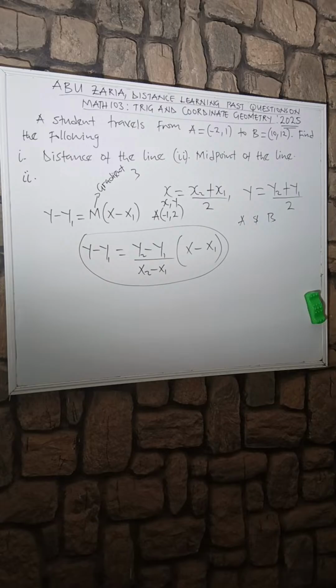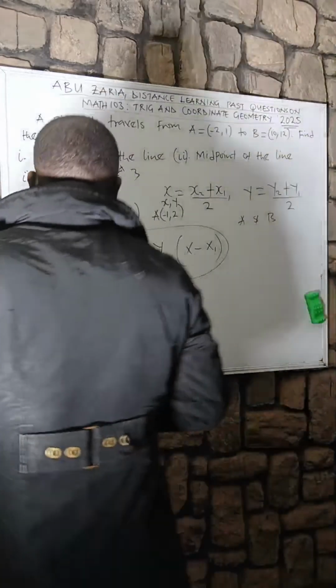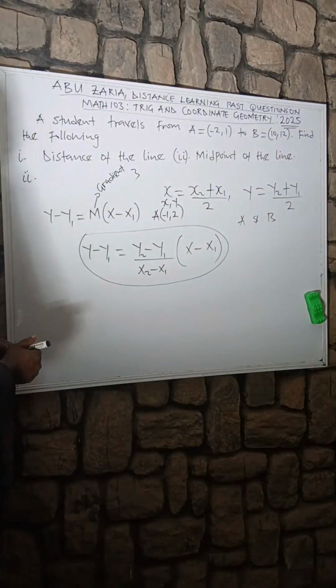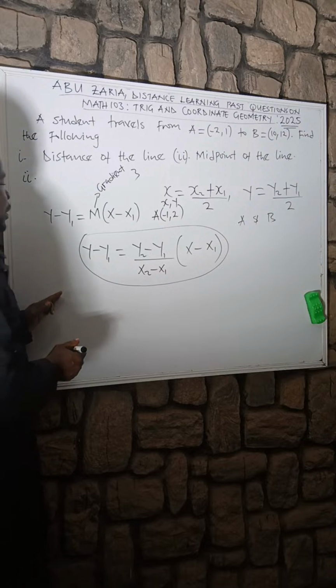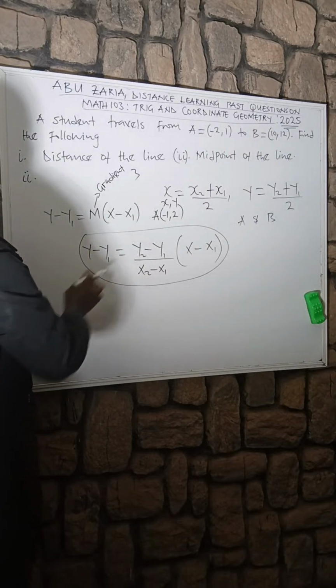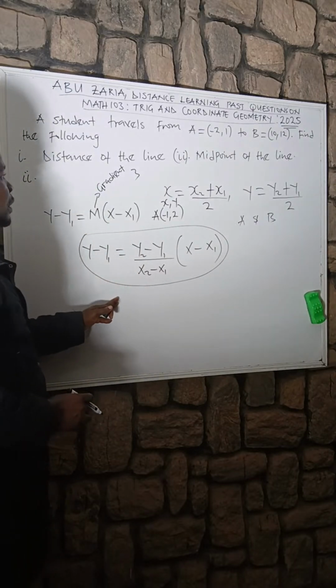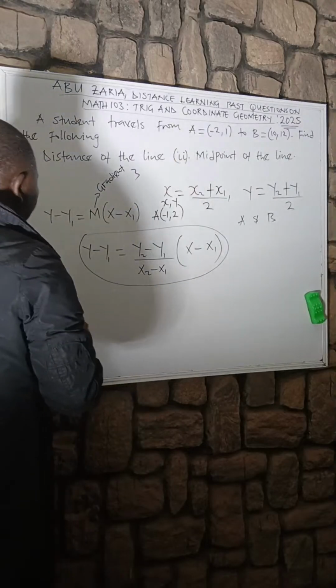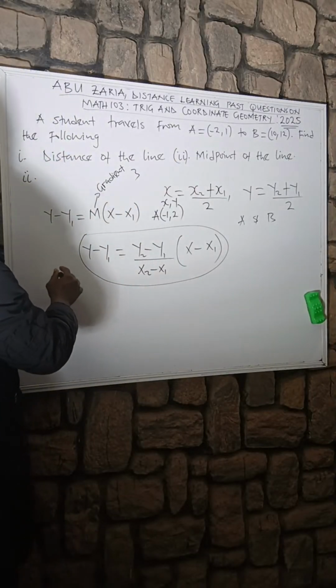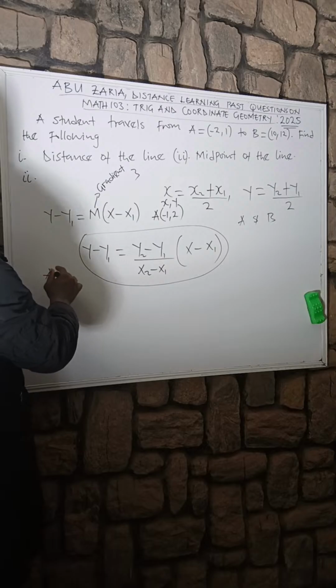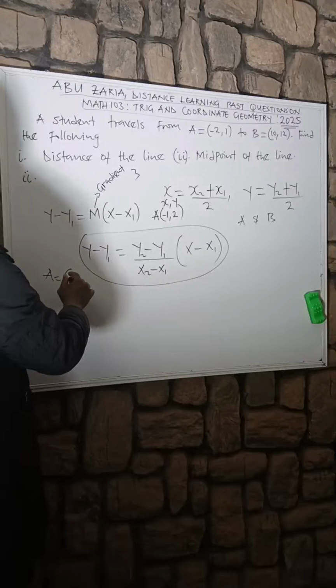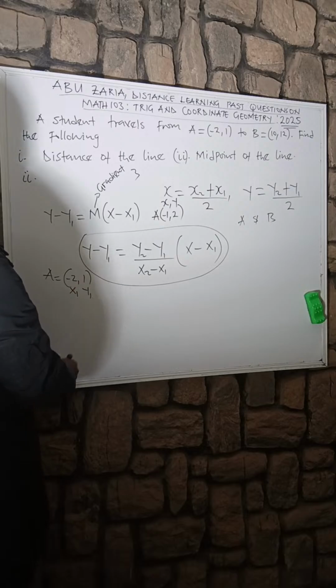If you don't have any question, let's proceed. Using this formula, at the points we have A equals (-2, 1), where this is our x1 and this is our y1.